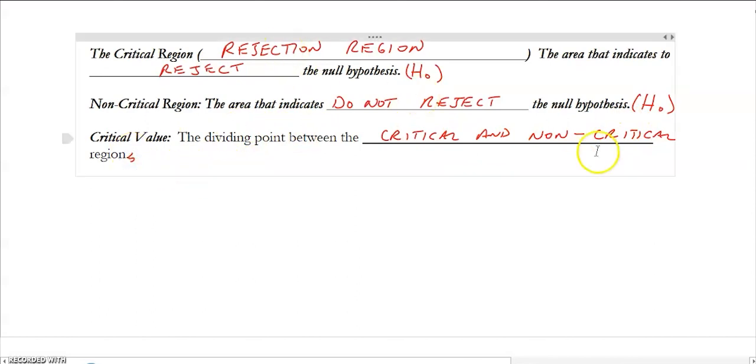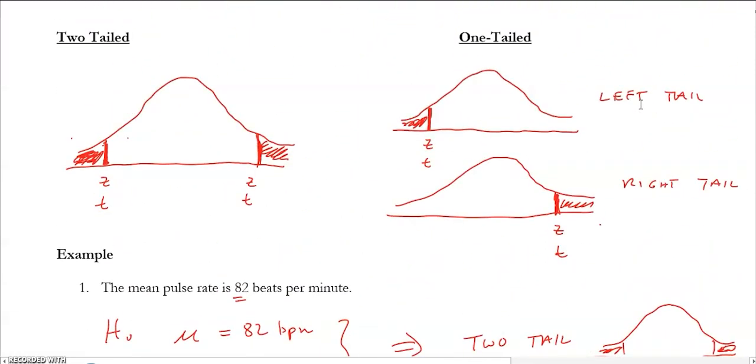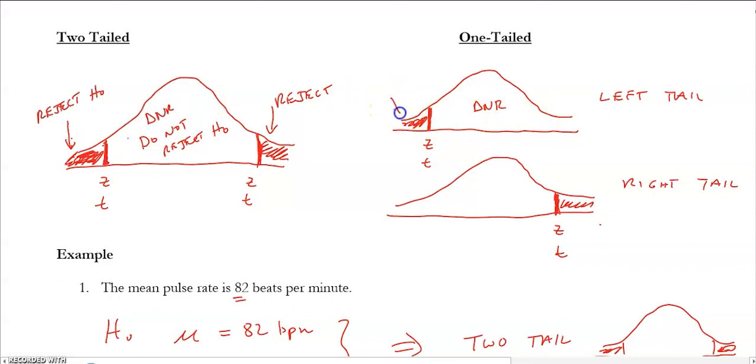Now, when we look at our pictures up here, we have our different scenarios. This is a rejection region. If our test score falls in this area, we reject, as well as here. And in this area here, we do not reject H0. Do not reject in this area, but you reject in the tail.